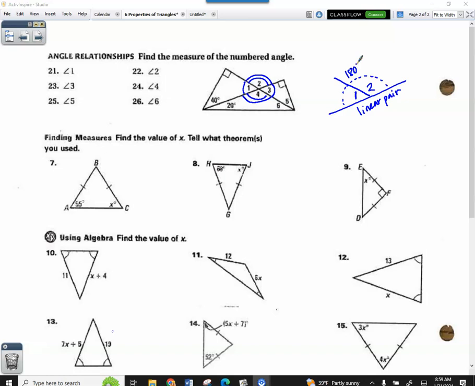Okay, we'll call on people if people don't start chipping in. So angle 1, 50 degrees. Angle 2. Okay, hold on, let's look. I heard 50 and I heard 130.